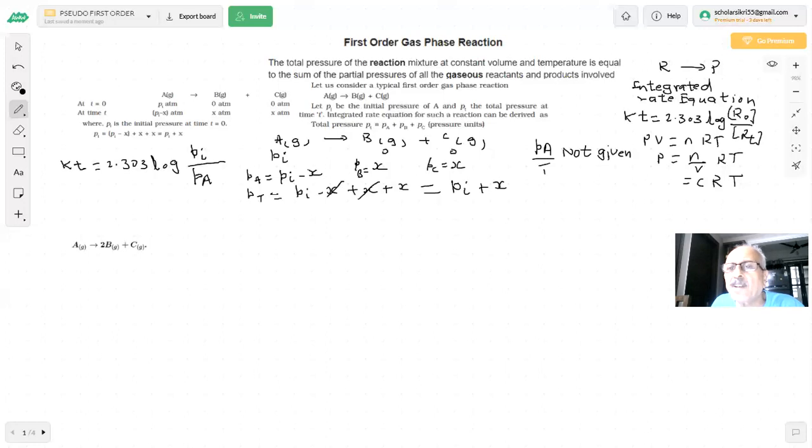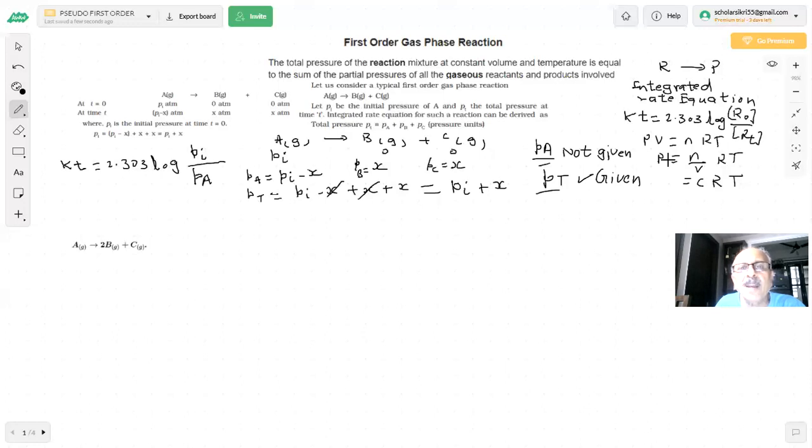What is given is the total pressure. What we actually measure is the total pressure. So this equation is in PA, but PA is not given in the exam. We have to convert it into total pressure. So how will we do that?